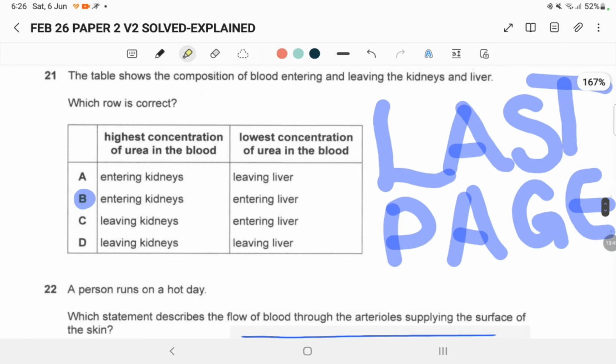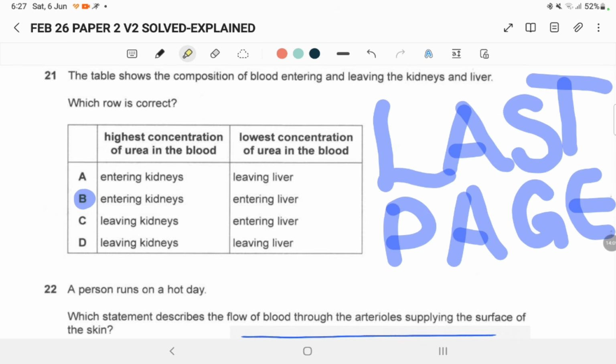Question number 21 is telling you the table shows the composition of blood entering and leaving the kidneys and the liver. Which row is correct? Now the highest concentration of urea in the blood is entering the kidneys, and the lowest concentration of urea is entering the liver. You can understand it easily, because urea is a waste product that needs to be excreted if it has a higher concentration.